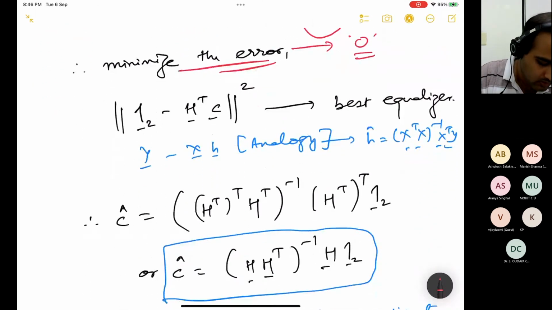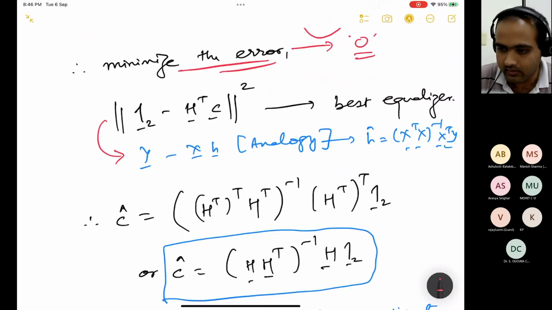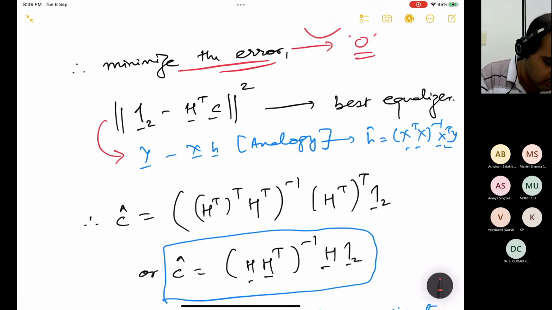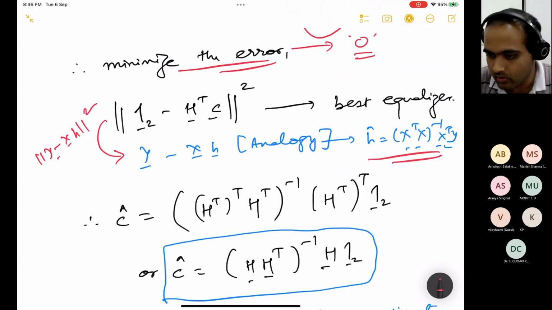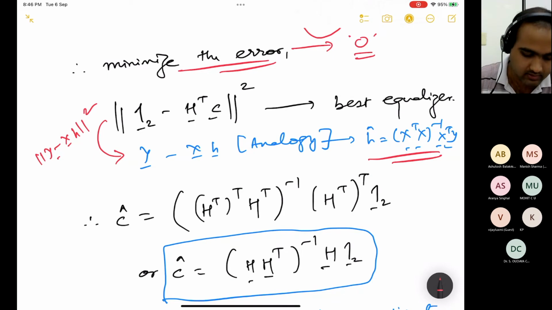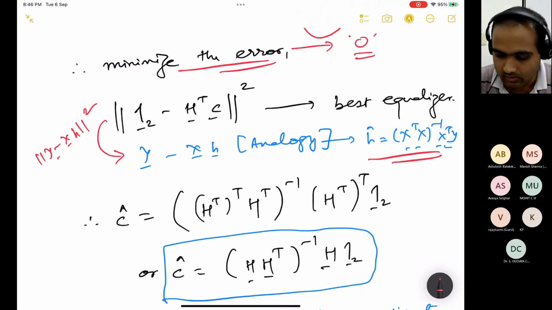And how to solve this? We had seen that if we have this kind of least square error, y minus xh squared, then it results in the Moore-Penrose pseudo inverse, which was h hat equals x transpose x inverse x transpose y.